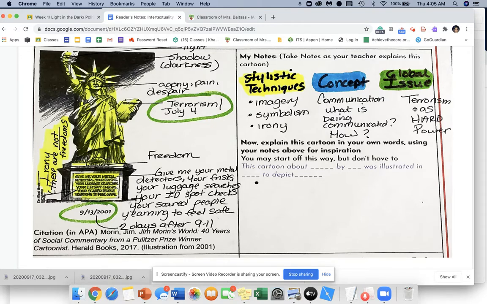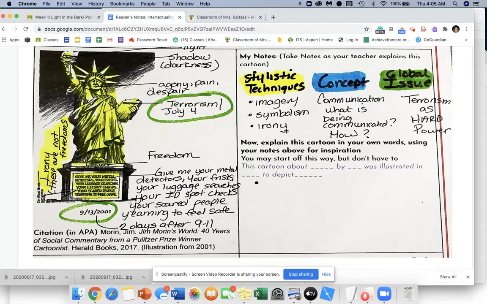Okay, so that puts this political cartoon into perspective as far as the issue of terrorism as hard power, or you can say the global issue is freedom too. You can look at it another way, depending on how you talk about it. Concept, communication, again, to review: what is being communicated and how is that being communicated. So the big concept here is communication.